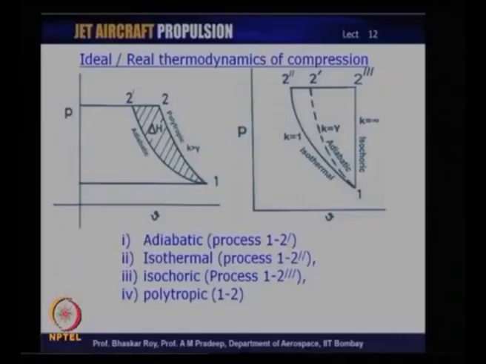So, 1 to 2 double prime is the isothermal process, where the temperature remains constant, and 1 to 2 triple prime is the isochoric process, where the specific volume remains constant.